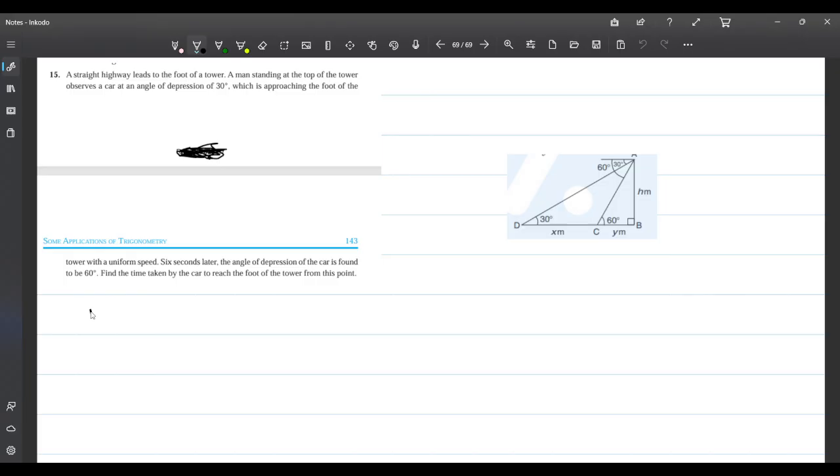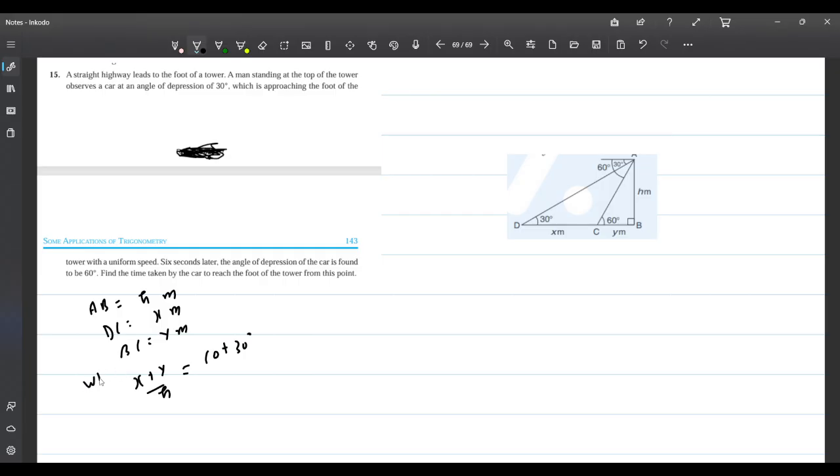So let AB is equal to H meter, and DC is equal to X meter and CB is equal to Y meter. When the car is at D, so X plus Y upon H is equal to cot 30 degree.